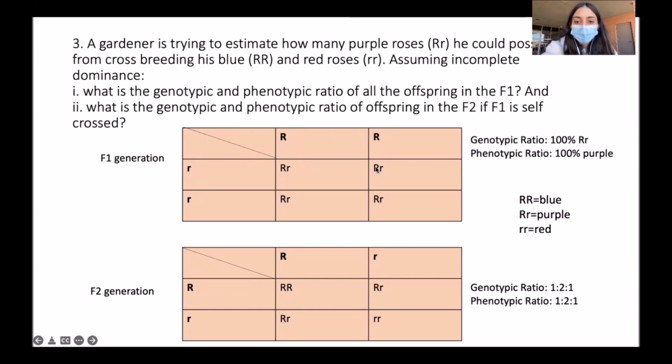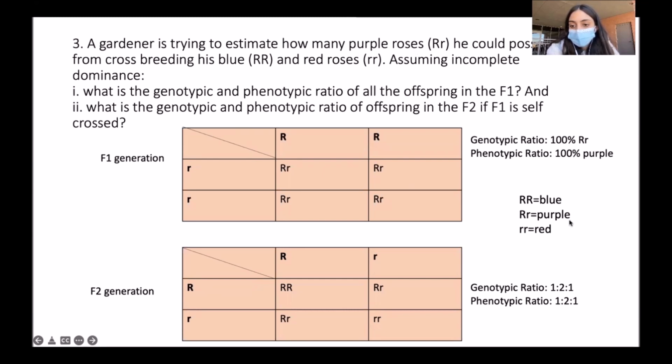Similarly, big R, little r, put it here, and big R, little r, put it here. So here we have 100% big R, little r, and we go up and see big R, little r is purple. Here, I also put them here.